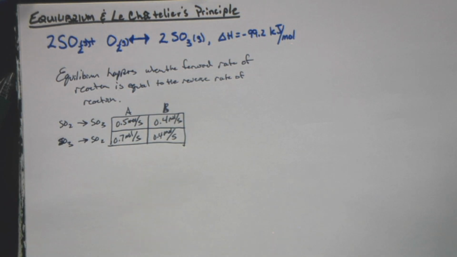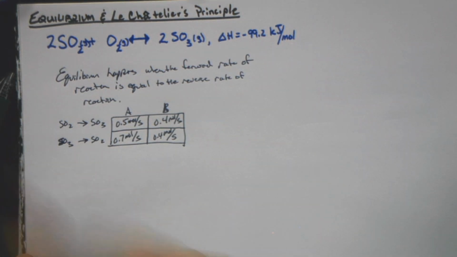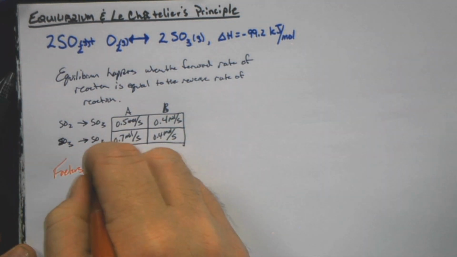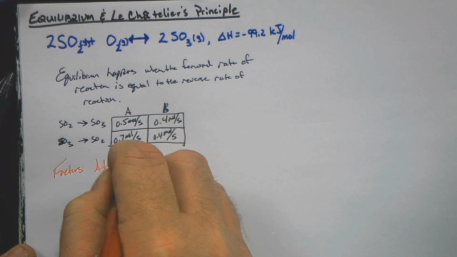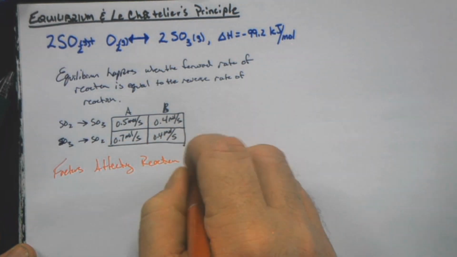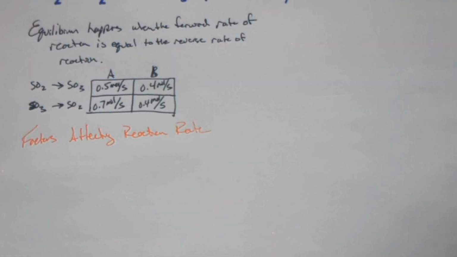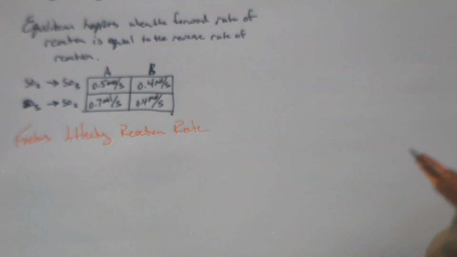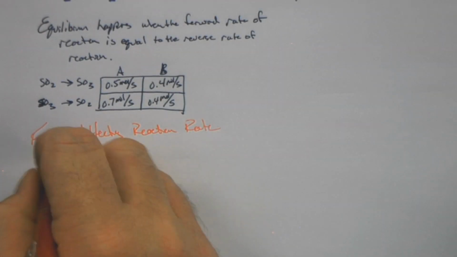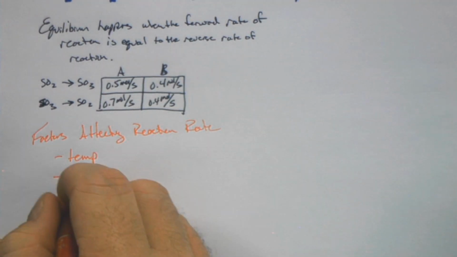Okay, so what factors? We've talked about this before. There are certain factors that affect reaction rate. Do you guys remember what they are? Temperature is one. Concentration.